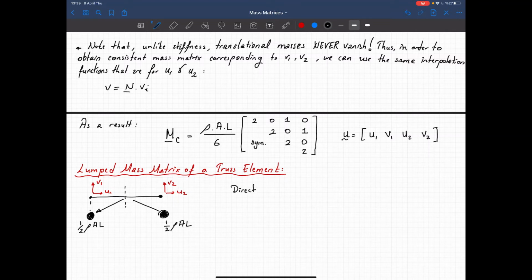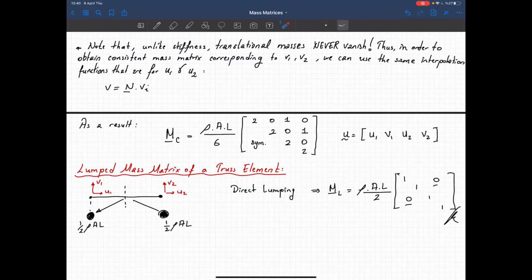We call it direct lumping, and in that case my lumped mass matrix will have the following form: rho times A times L divided by 2, with the same translational mass for each degree of freedom, and that's the lumped mass matrix for a truss element.